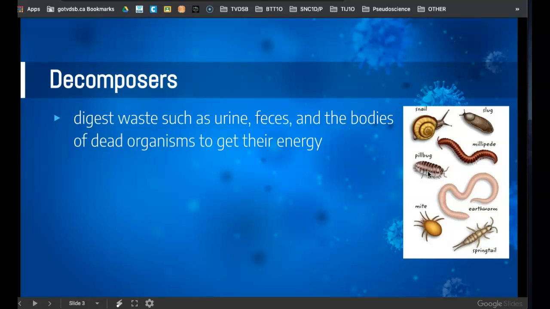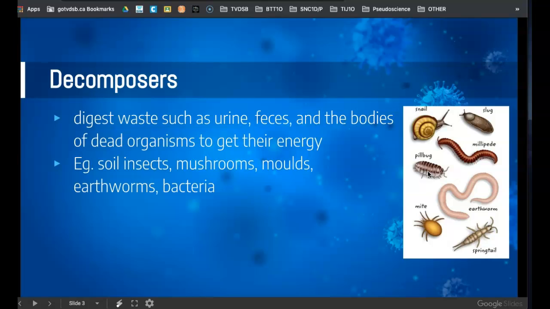And when things grow old and die and are left to rot, that rotting process is decomposers at work. Some examples are soil insects, mushrooms, molds, earthworms, and bacteria. Any of these qualify as decomposers because they are either eating urine and feces, or breaking down dead organisms into smaller and smaller particles.